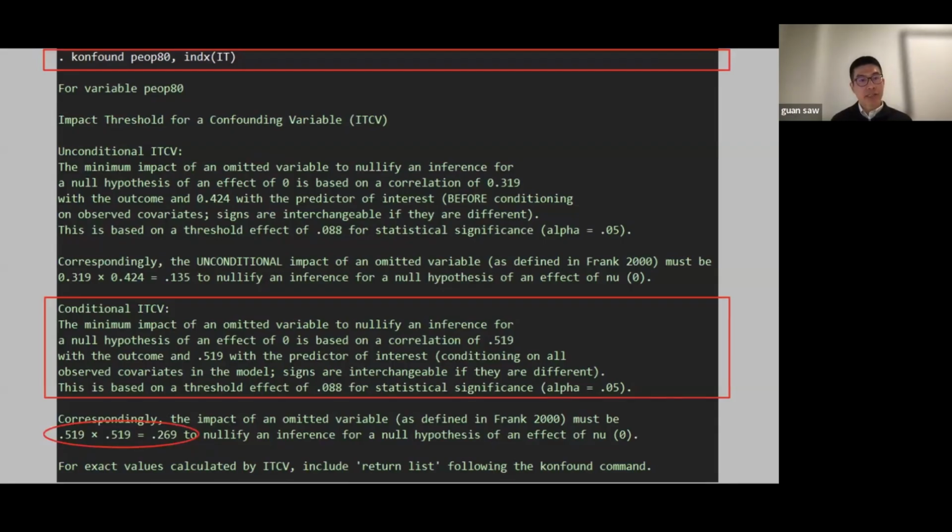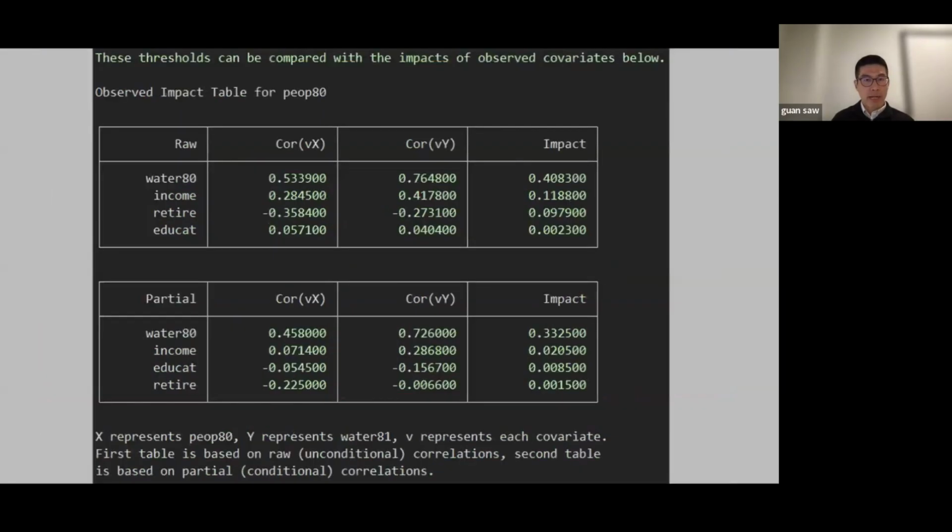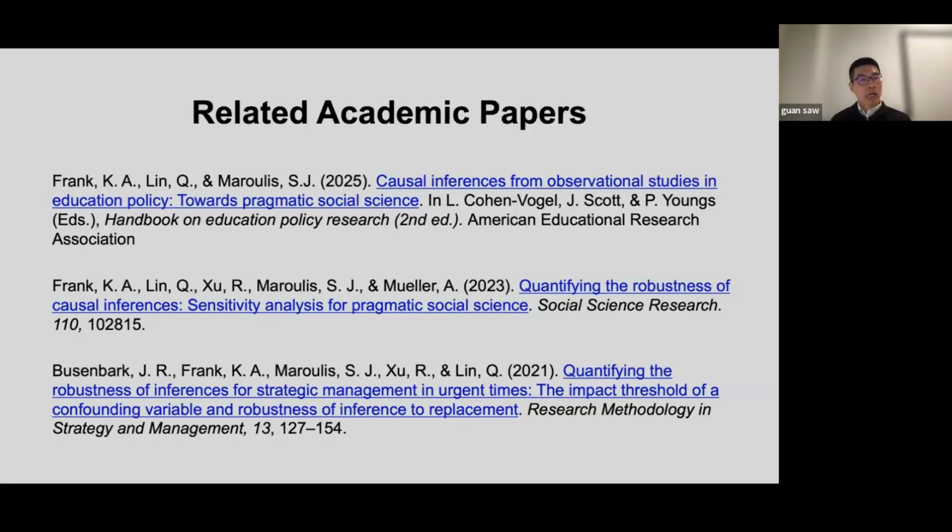And you can use the conditional ITCV to gauge the strength of the omitted variable against other observed variables, which is also provided in the outputs in these tables.